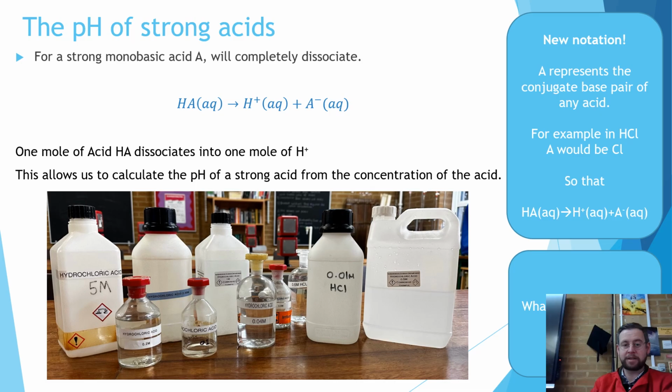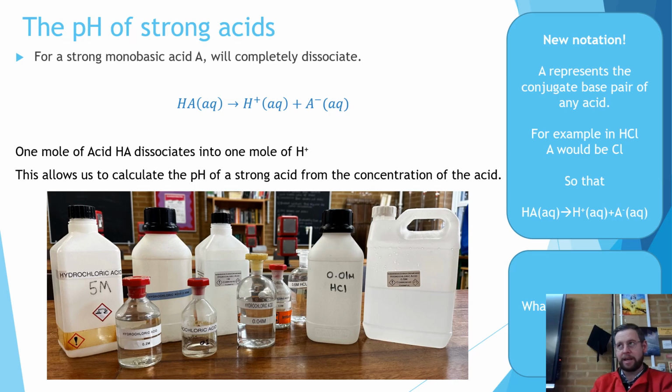the hydrogen ions. Most important is that this is true for all monobasic acids. It's a general formula. Also true is you can see that 1 mole of HA would produce 1 mole of H+. It means that from the concentration of H+, we could directly infer what the concentration of HA would be.